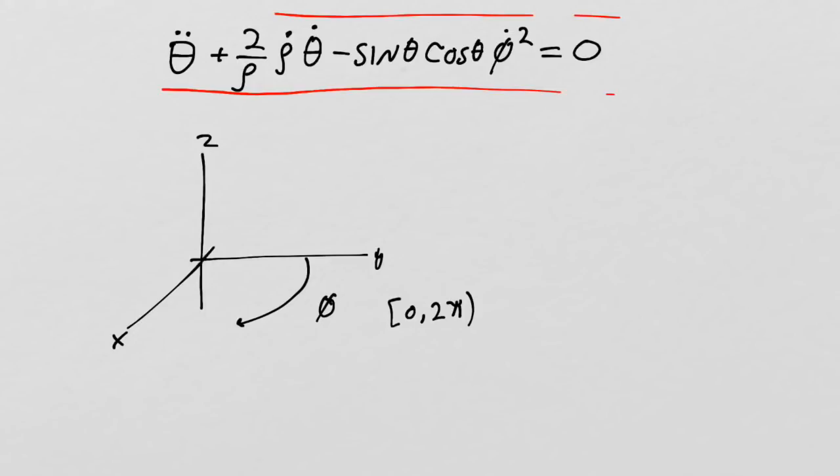And then theta is this angle, which goes from, I'm sorry, it only goes from 0 to pi, right? Where this is theta here.